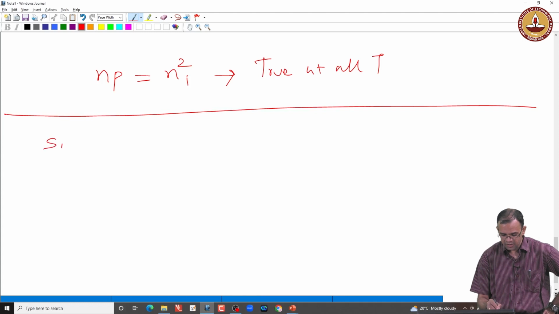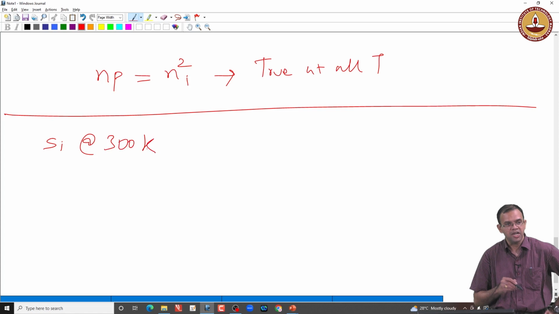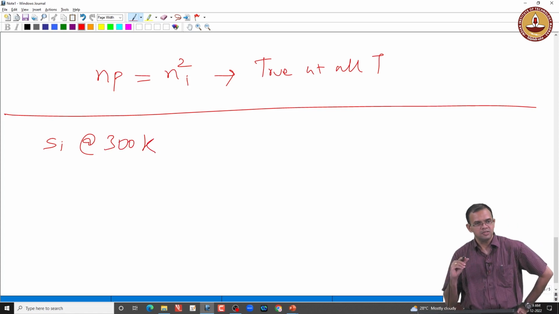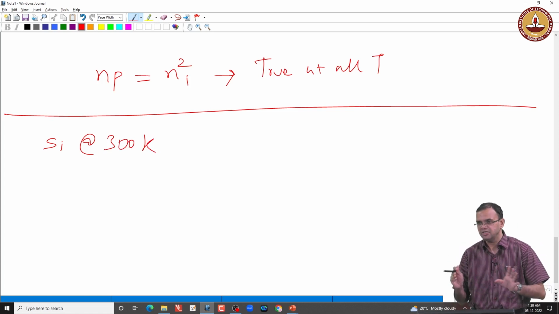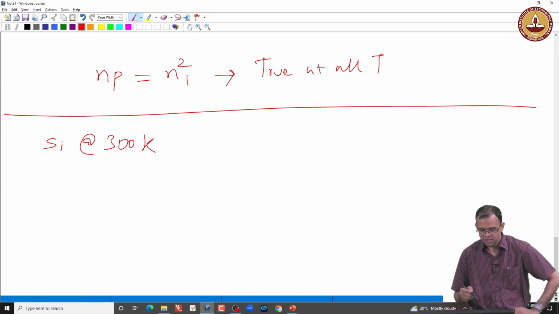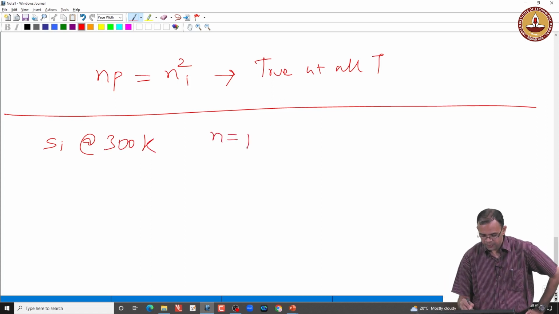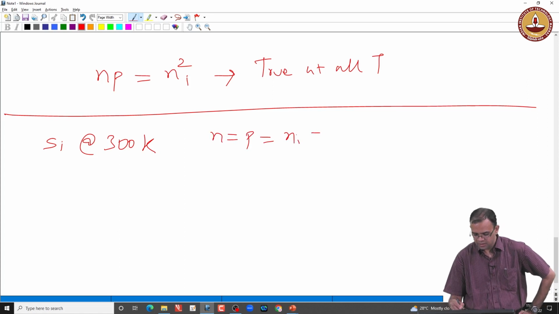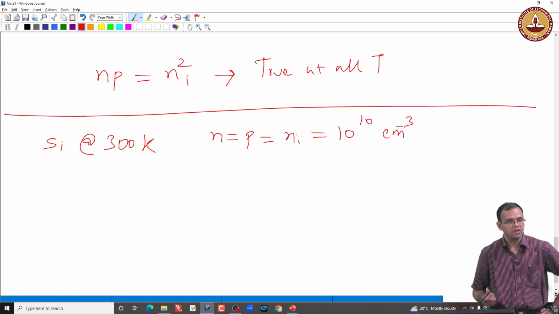So I have silicon at room temperature, so 300 Kelvin. Let us assume that initially my silicon is intrinsic. I don't have any dopants. So N is equal to P is equal to Ni, which is equal to 10 power 10 per centimeter cube.